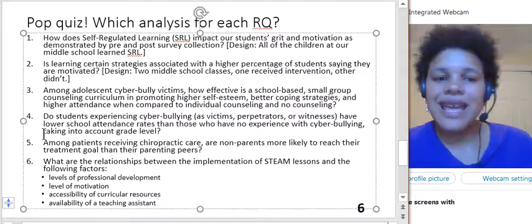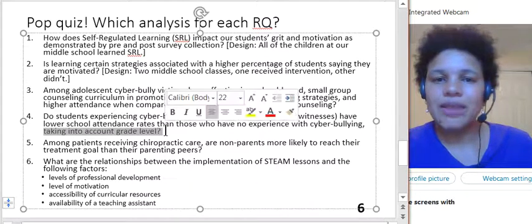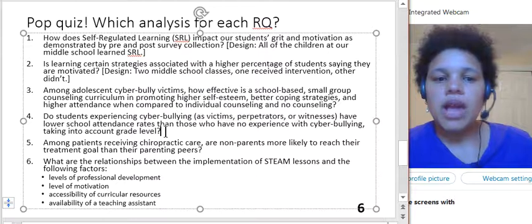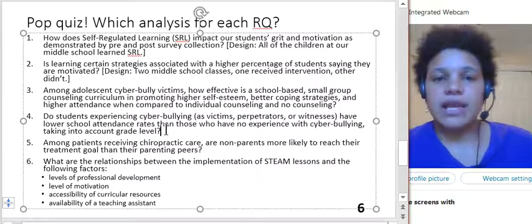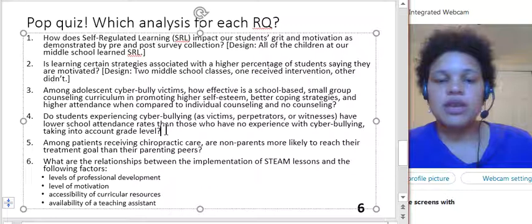But there's this taking into account grade level. So we actually have 2 variables. We have where were you in this whole bullying thing? Were you a victim, a perpetrator, or a witness? And then what's your grade level? So those are 2 independent variables.